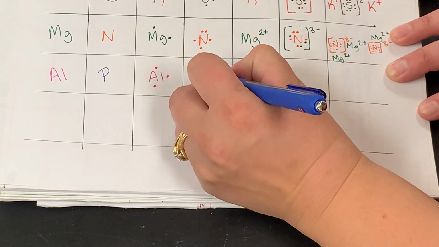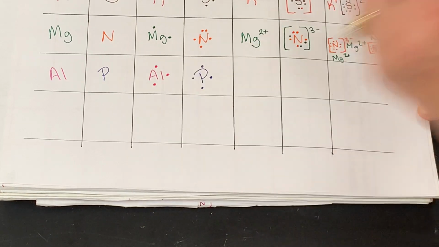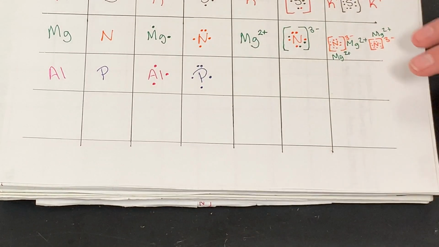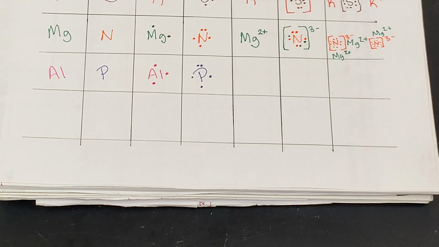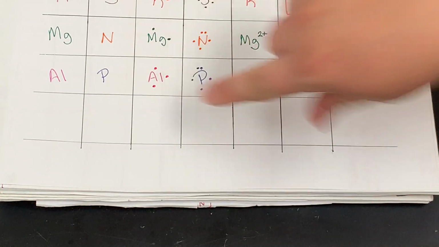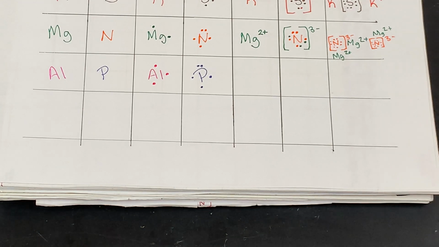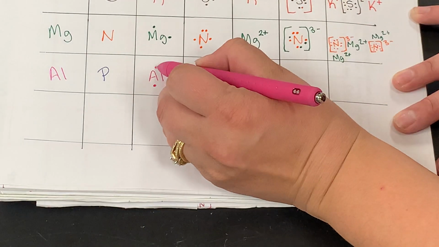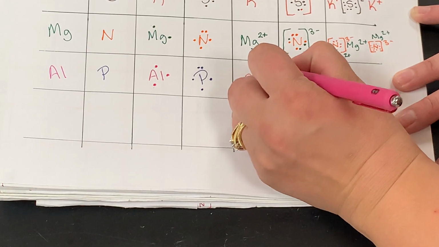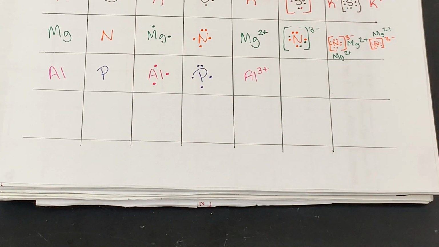So we're going to do 1, 1, 1, 1, that's 4, and 5. Okay? So now let's convert our atoms to ions. Remember, metals are going to lose all their valence electrons to become positively charged. So we're going to draw aluminum with no dots, and we lost 1, 2, 3, so that's going to give it a charge of 3+.